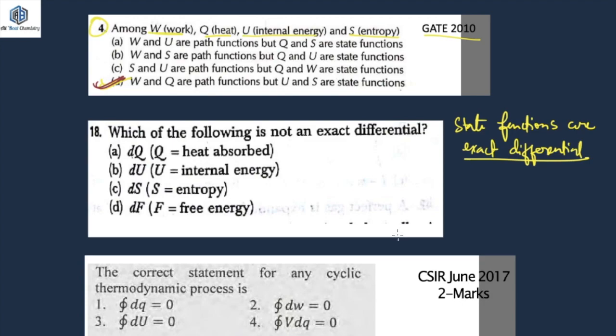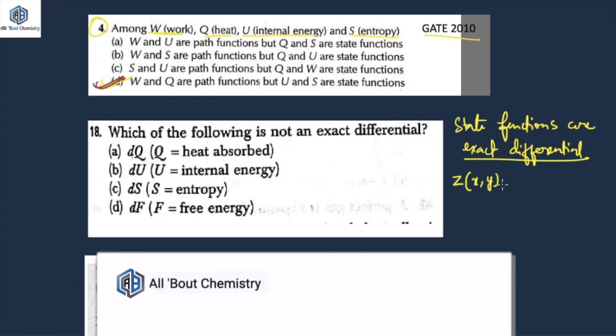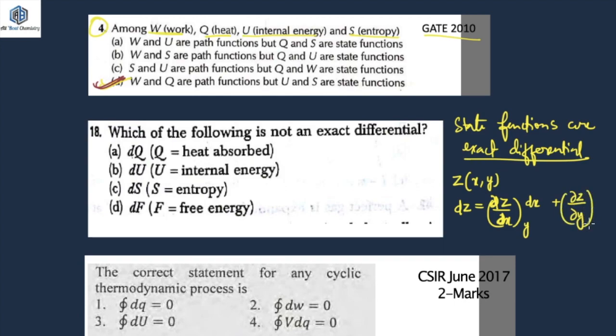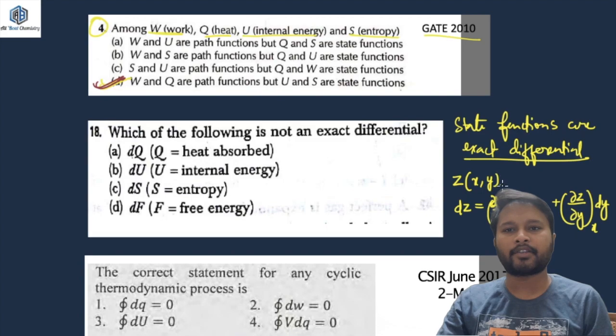It means that if, let's say, z is a state function of some variables x and y, you can write dz as del z by del x at constant y, into dx, plus del z by del y at constant x, into dy. So these are called exact differentials. A state function is an exact differential.